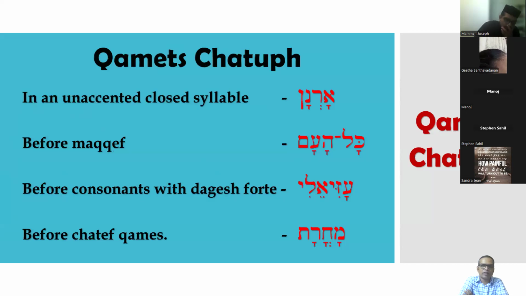So if you come across a kamets in an unaccented closed syllable, it is a kamets hatuf and not kamets. It's an O class vowel and not an A class vowel.